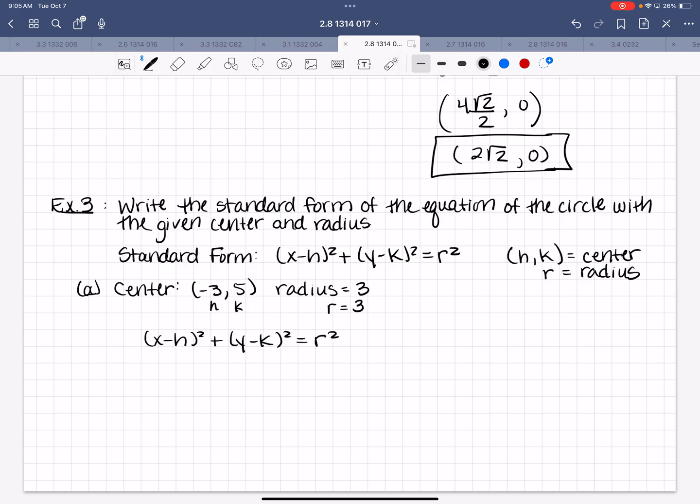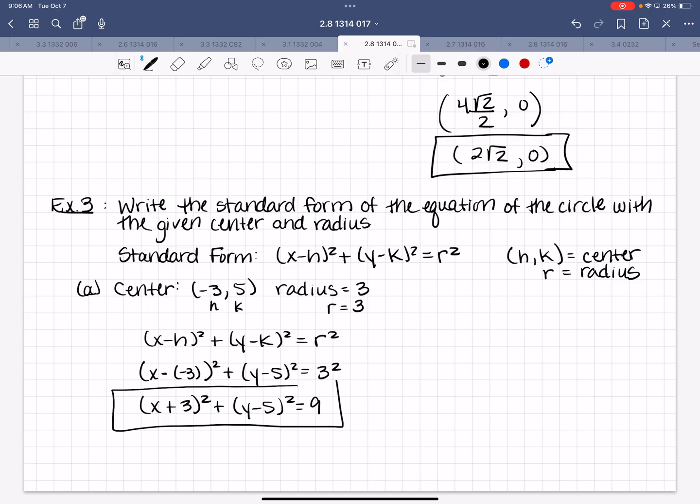This becomes x minus -3 squared plus y minus 5 squared equals 3 squared. All I did was plug in h, k, and r. That gives me x plus 3 squared plus y minus 5 squared equals 9. And that's what it asked me to do: write the standard form of the equation of the circle. You're good on that one.